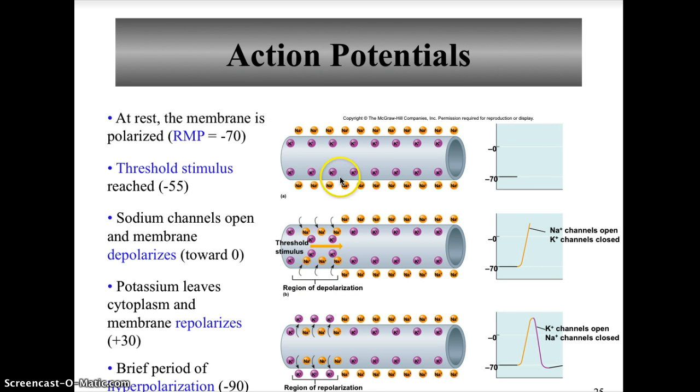So you have the resting membrane potential here, and if you look at the diagram here, you can see negative 70 millivolts.